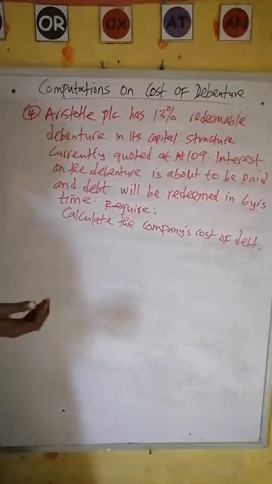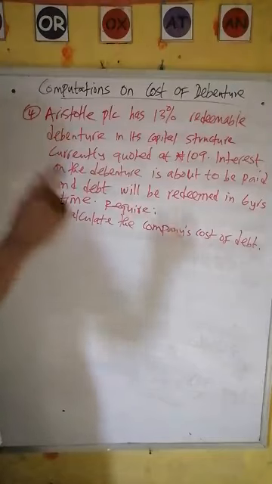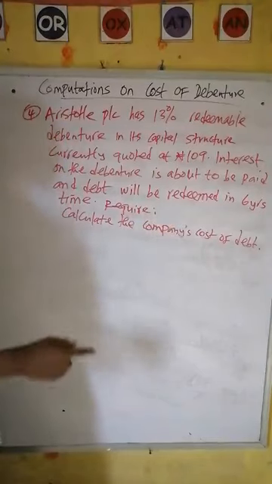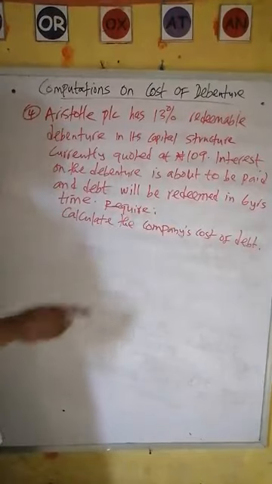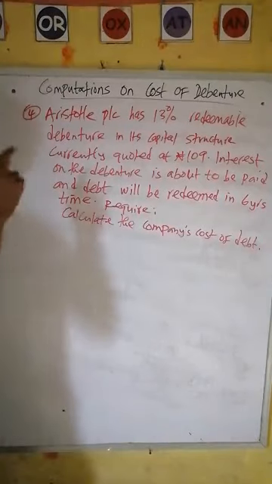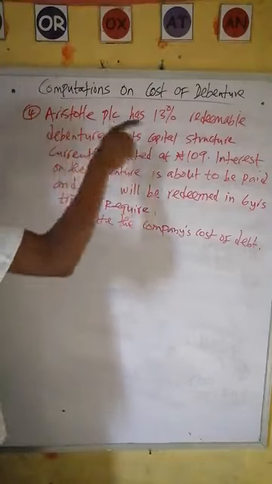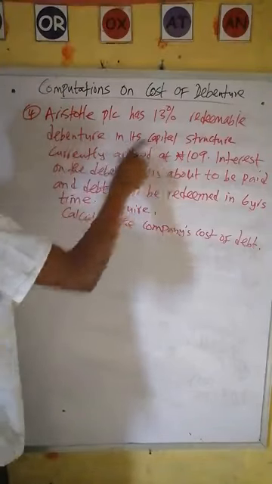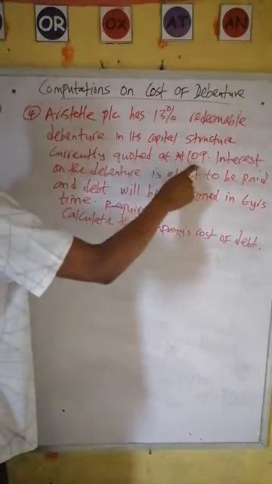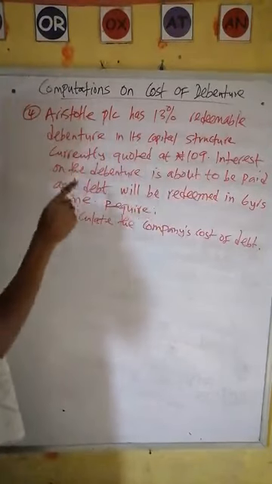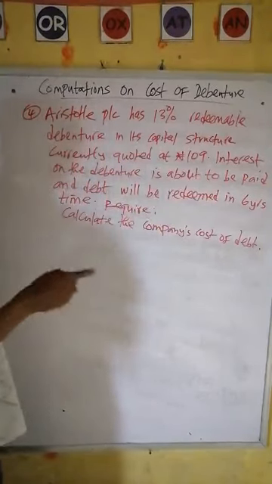And what is the yardstick that we were told? For the debenture to be redeemable, it must have the date of purchase and the date of redemption. Now, do we have them here? The redeemable debenture is currently quoted at 109. 109 is the market price of debt.